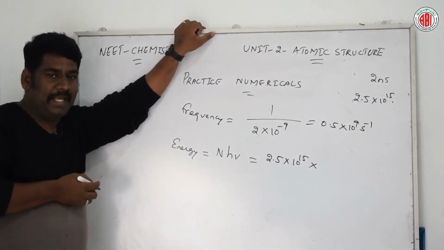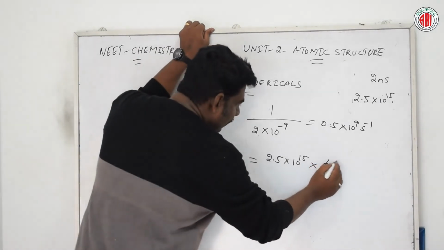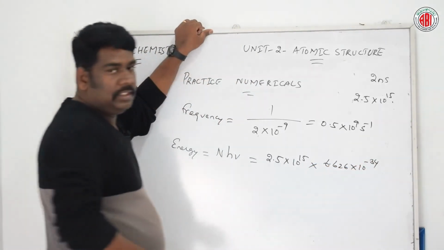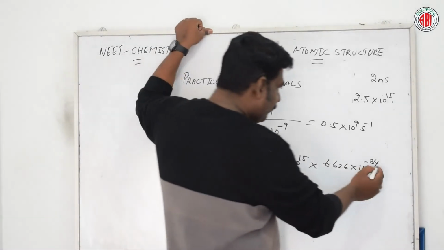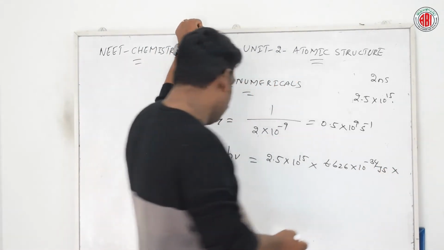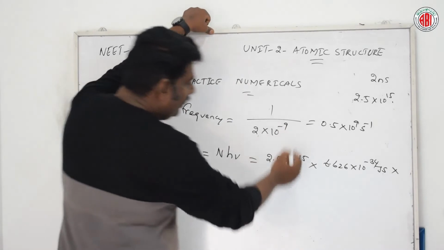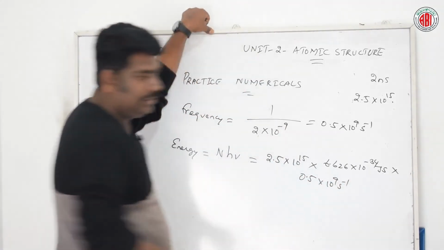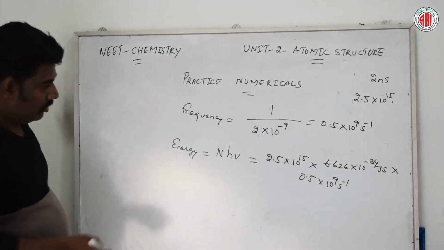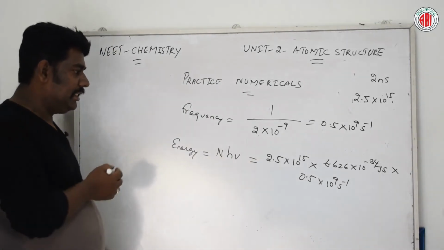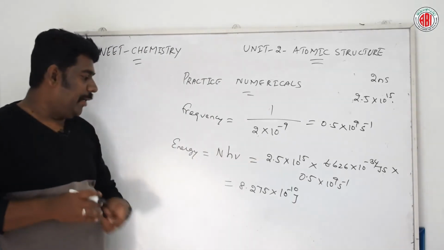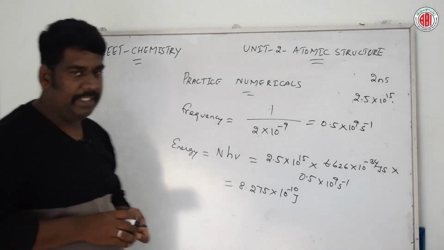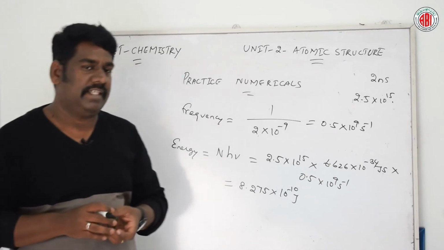H stands for Planck's constant, that is 6.626 into 10 to the power of minus 34 joule second, into frequency, that is 0.5 into 10 to the power of 9 per second. Multiplying all these values, we get 8.275 into 10 to the power of minus 10 joule. So in this way we can calculate the energy of the given source.